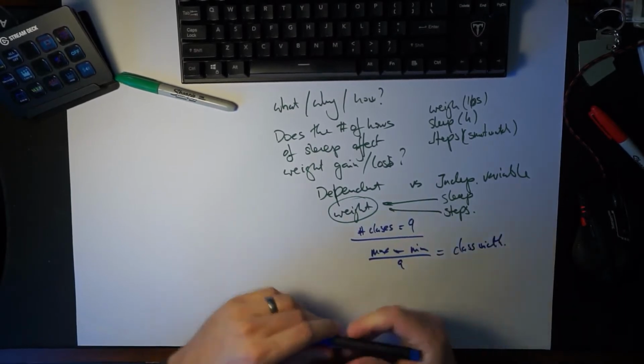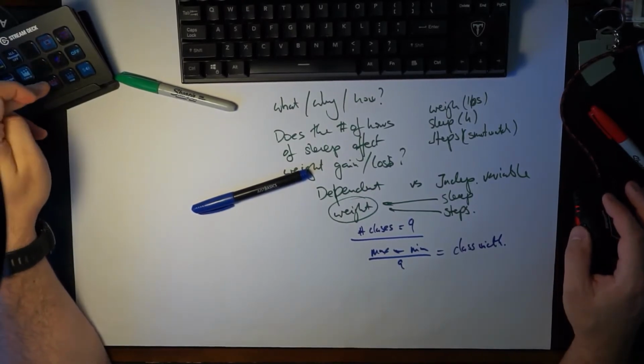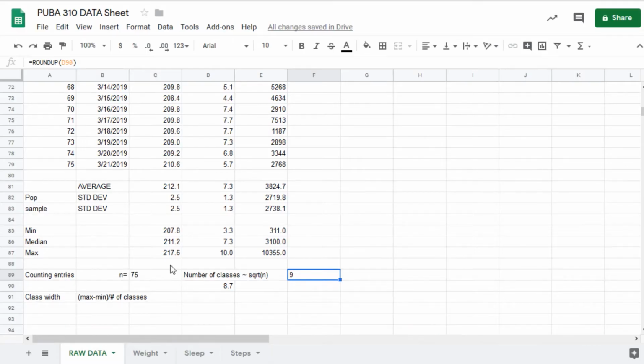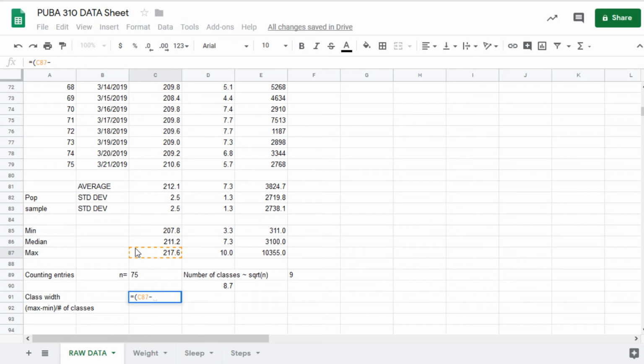So let's take a look. Yep. So class width. I'm going to put those over here. So class width for the first one is equal to the maximum minus the minimum divided by the number of classes. Bam.